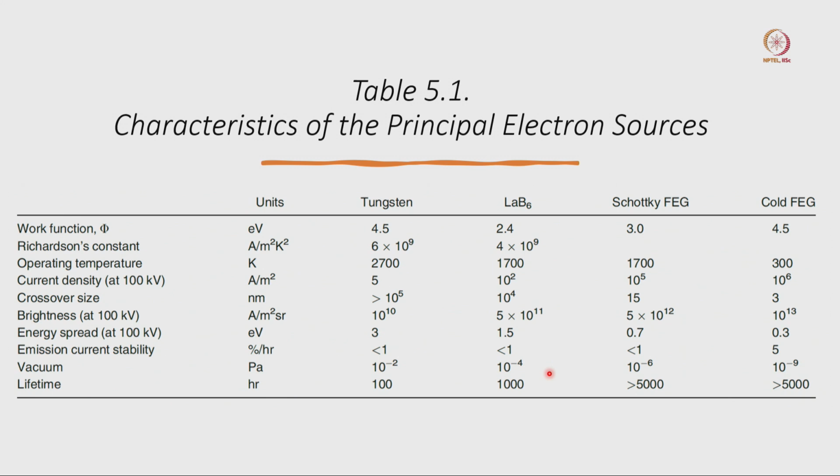Most of the time at room temperature those biological samples are already dried, so they are not going to be damaged by that electron dose. Even if we use 100 electrons per angstrom squared or 200 electrons per angstrom squared, it is not going to damage the biological sample. So that is the reason for room temperature we generally use the LaB6 filament.